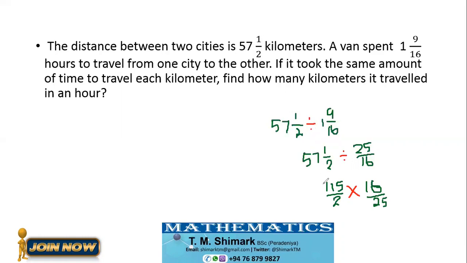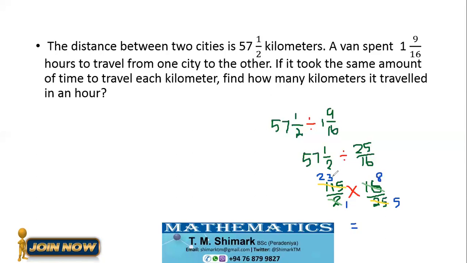We can simplify by 5: 115 by 5 gives 23, and 25 by 5 gives 5. Then 2 and 16: dividing by 2, we get 8.